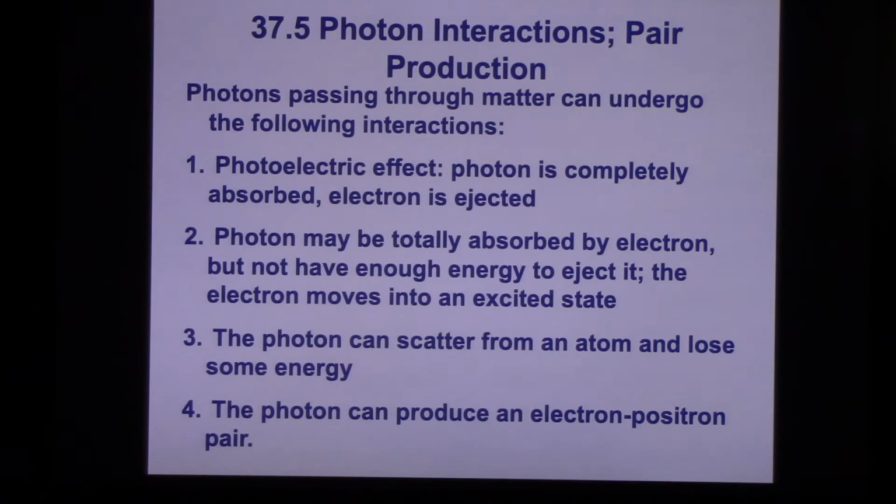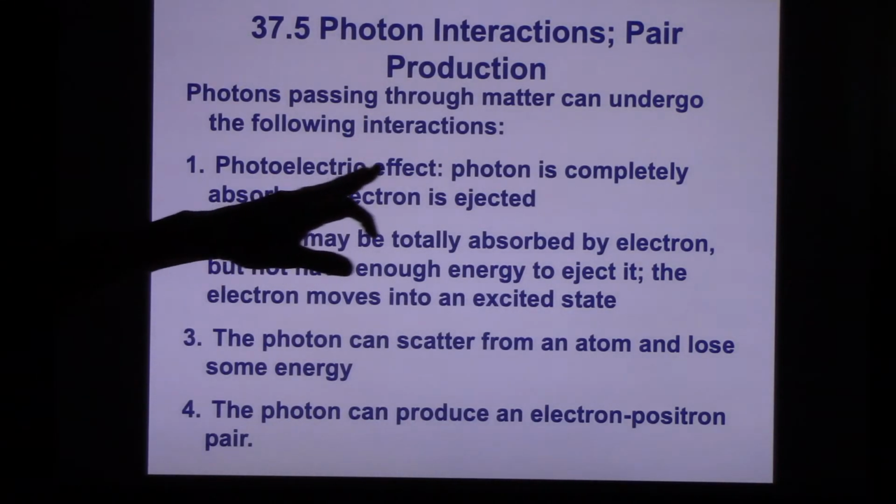Now, we've looked at a lot of things that can happen with photons. We introduced this idea of photons as particles, and now we've looked at examples, really everything we've looked at, the thermal radiation, photoelectric effect, Compton effect, where we're seeing what kind of reactions these particles of light can take part in.